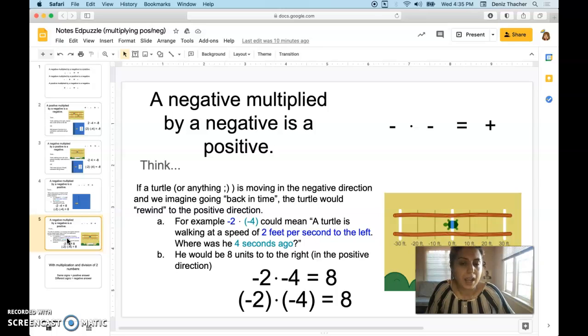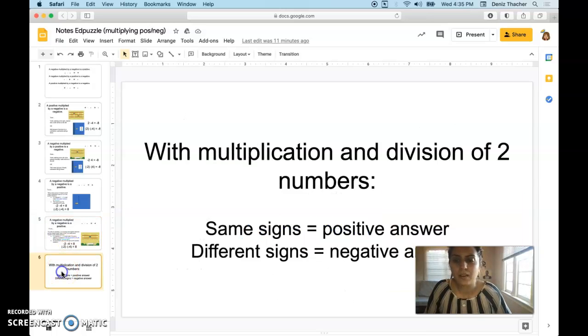So for example, -2 times -4 could mean a turtle is walking at a speed of 2 feet per second to the left, and where was he 4 seconds ago? That's going to be a positive number, and that would be +8.